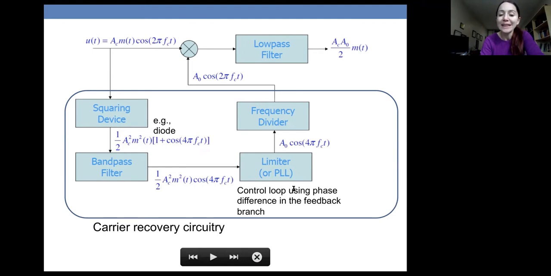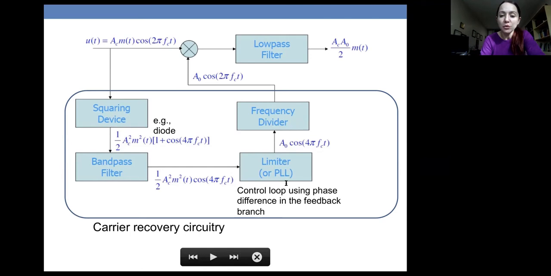Now we can let a limiter lock on to this. Now, what is the function of this? It just turned everything into a positive, turned the message essentially into a positive valued waveform.